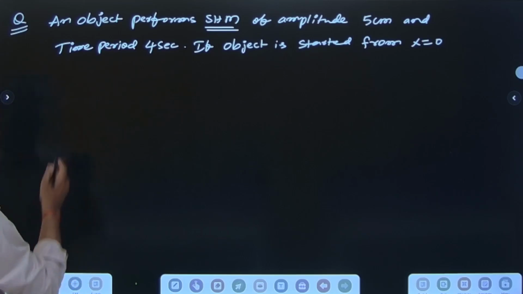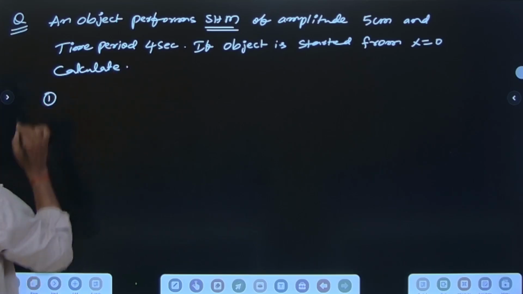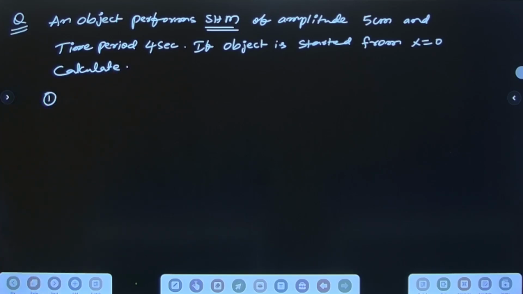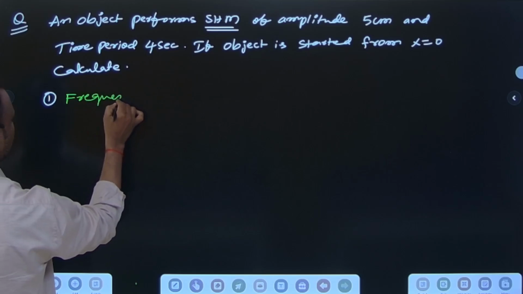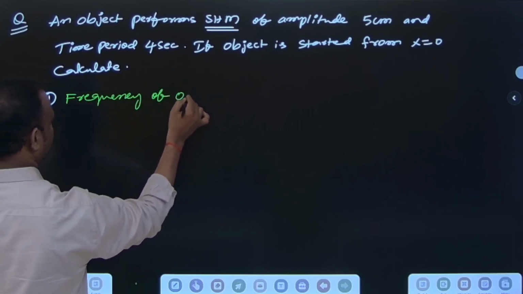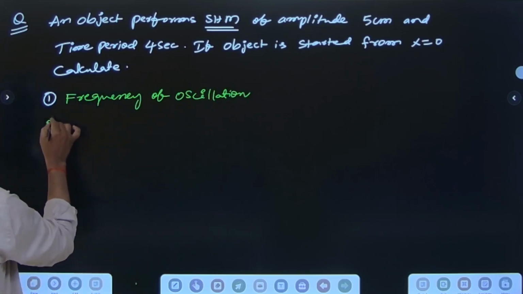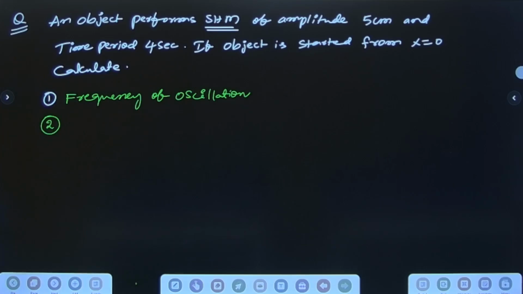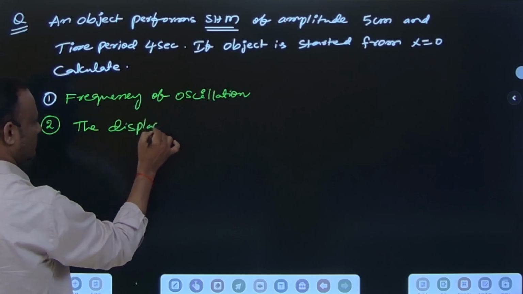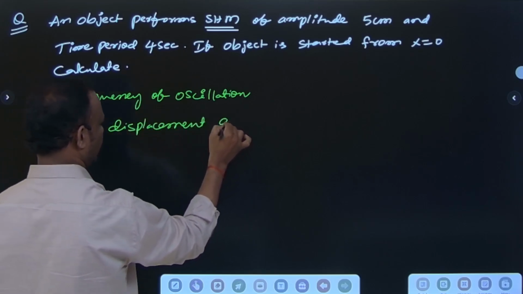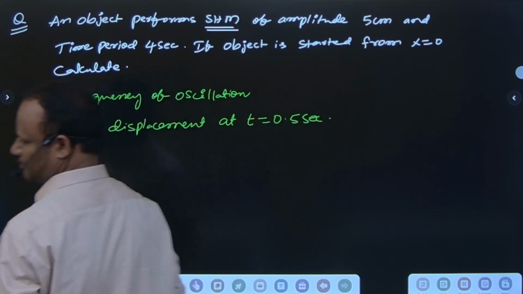Then calculate: question number 1, the frequency of oscillation. Second, the displacement at t equals 0.5 seconds. Please try.